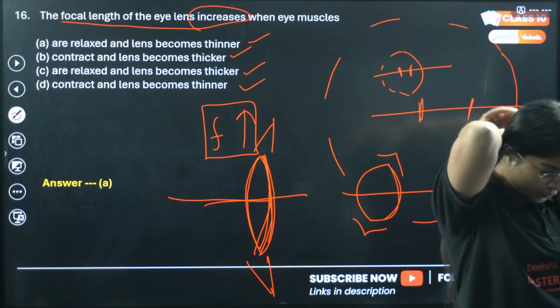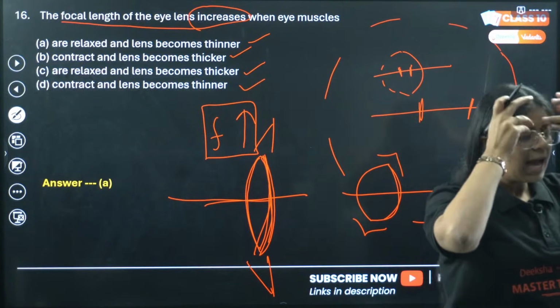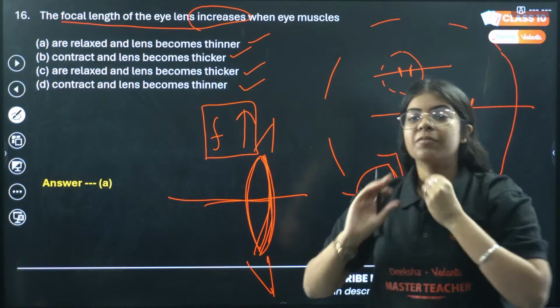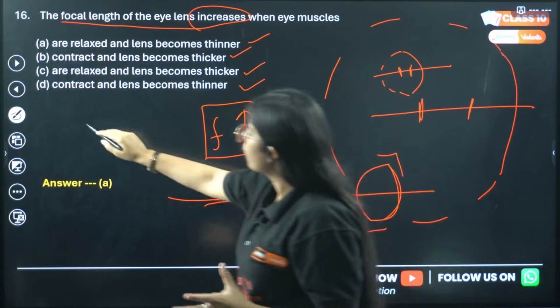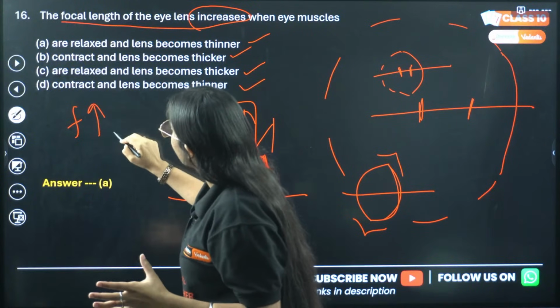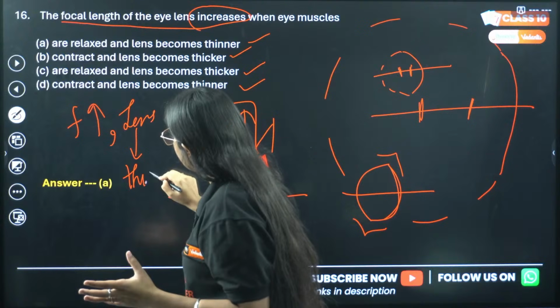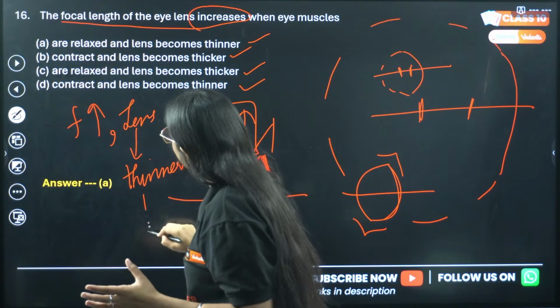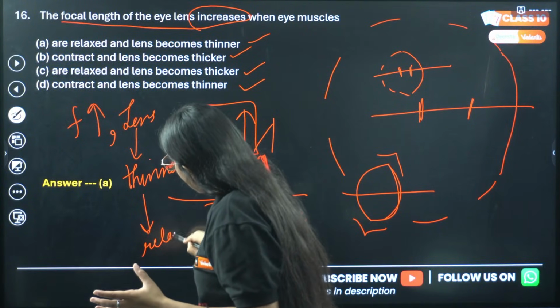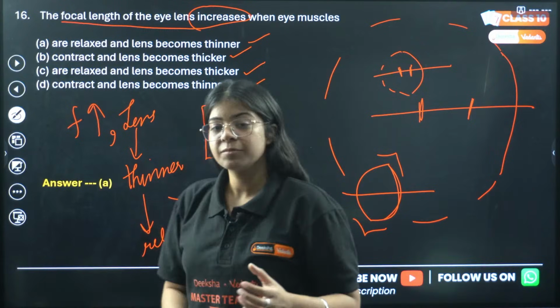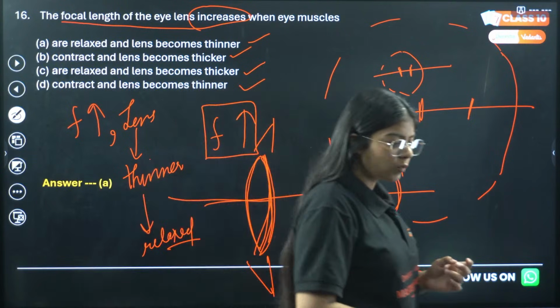Everyone understood now. Focal length increases when the lens is thinner. And the lens is thinner when the muscles are relaxed. Understood? Let's move on to the next question.